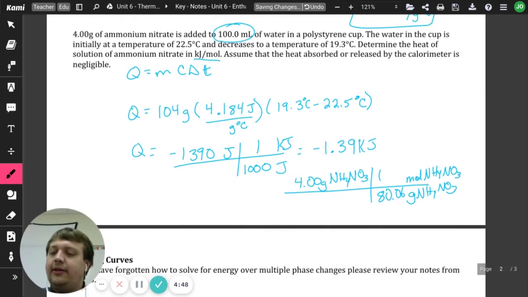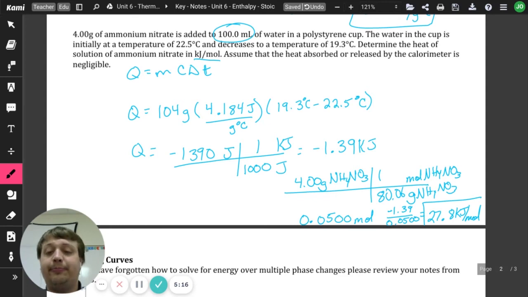I solve that, and what I'm going to find is that I have 0.0500 moles. And so when I'm doing my kilojoules per mole, I would take negative 1.39 divided by 0.0500, and I'm going to find that I have a total of 27.8 kilojoules per mole. And that would be my answer. Okay.